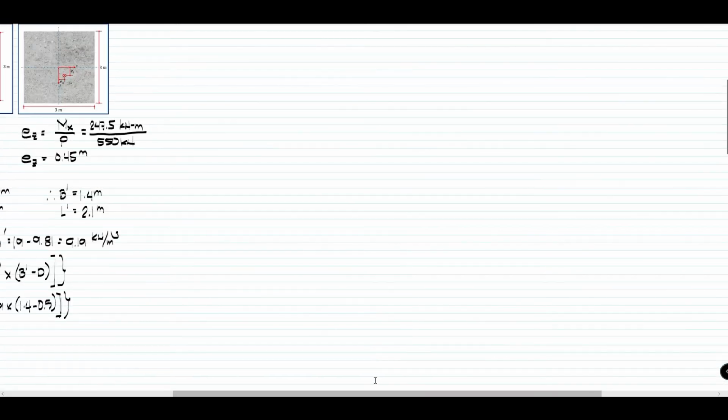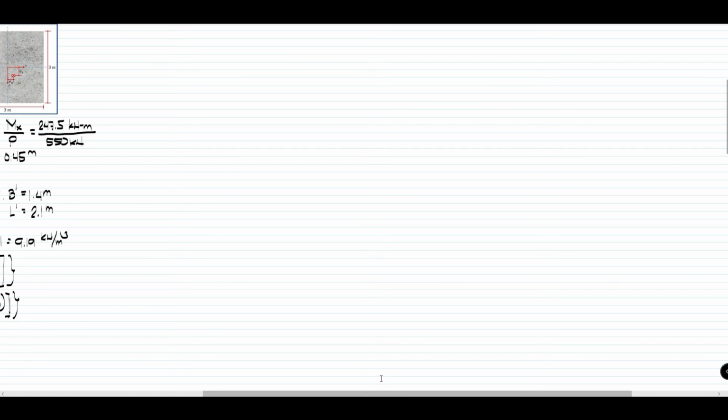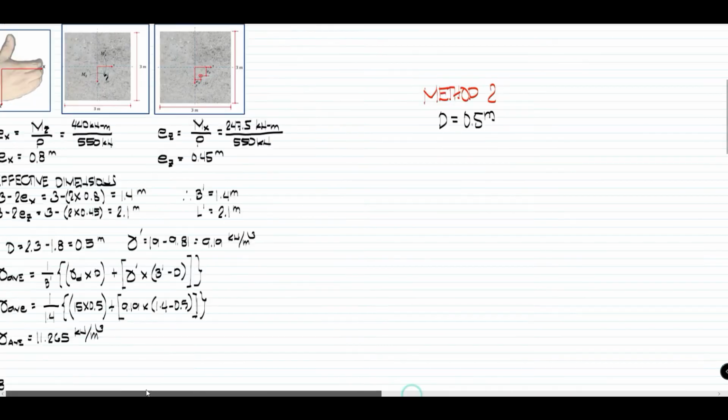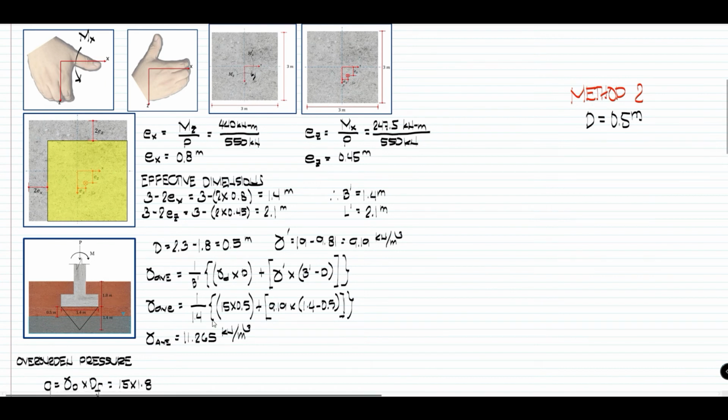So, dito natin lagay yung calculation for the method 2. So, baguhin natin yung gamma average. So, dito yung D pa rin niya is 0.5 meters. So, syempre, kung kanina 1.4 yun, ngayon ang gagamitin na natin dito, palitan natin to ng 3, ito papalitan na siya ng 3.